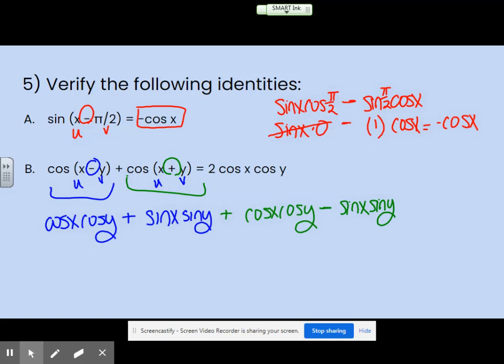I see that I have plus sine x sine y, and I have minus sine x sine y. Anything minus itself subtracts out to 0, so I lose both of these terms. The other thing that I'm seeing is I have cosine x cosine y, cosine x cosine y. They're the same term. They are able to be added. Before I had two separate ones. Now they are together as 2 cosine x cosine y.